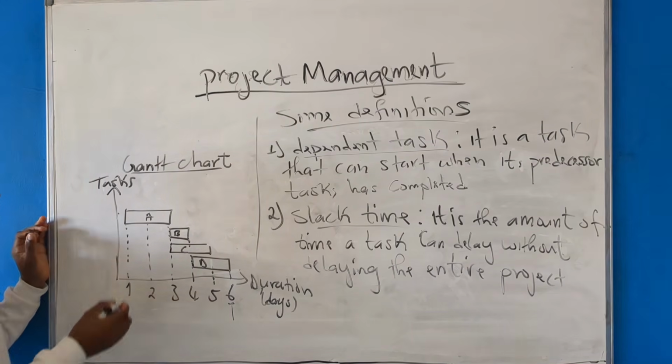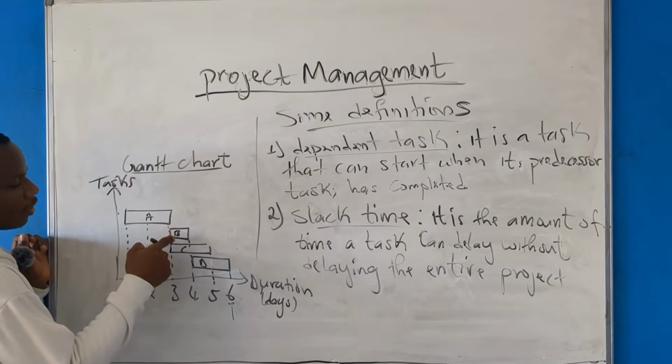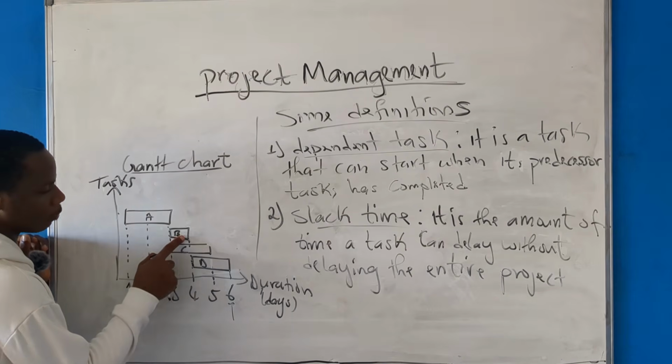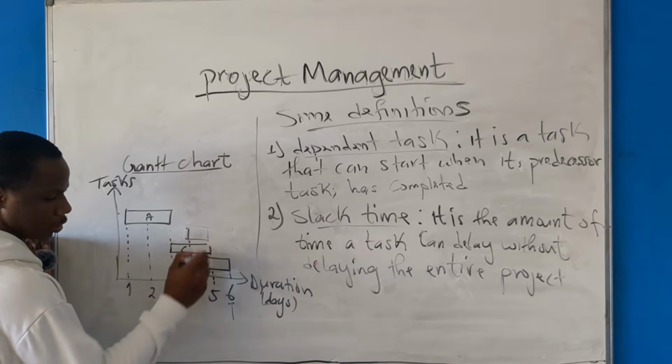Imagine that there's a small problem and task B decides to start at day 4. Since it needs just 1 day, if he starts at day 4, he's supposed to complete at day 5. So imagine that I clean this part like this. He starts here at day 4, ending here.